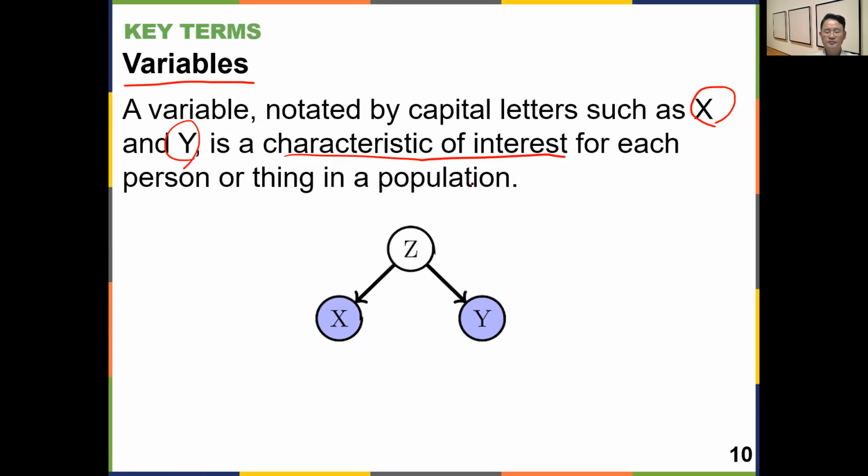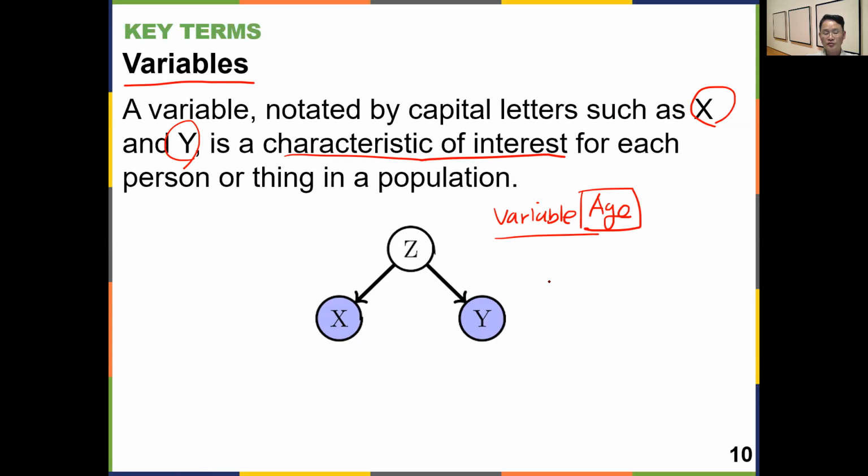For example, let's say you are interested in the average age of college students in the US. What's going to be the variable? Age is going to be your variable, right?